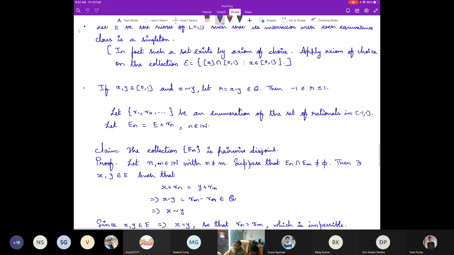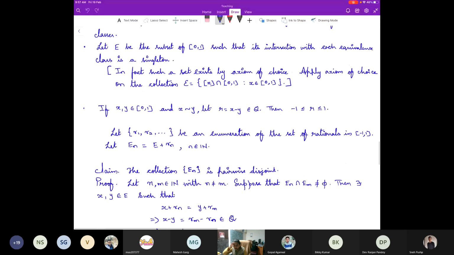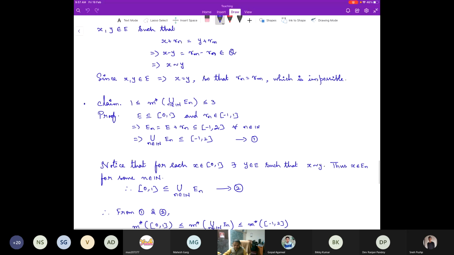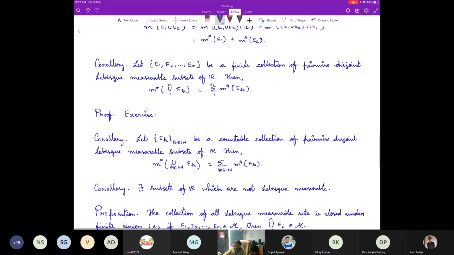For example, this E itself, whatever we have constructed, not this E, sorry, this collection En is not a Lebesgue measurable collection. That's the main thing here. That's the point that we have used again and again.